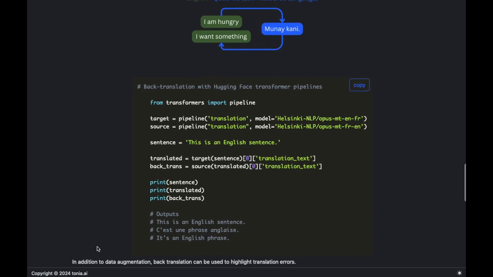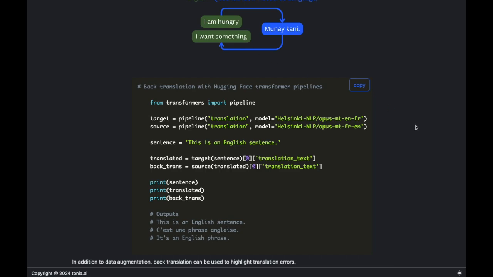In addition to data augmentation, you can use back translation to highlight translation errors. For example, if I take a sentence and translate it using one model and then back translate it using a different model, if I were to get a sentence that is nonsensical, that highlights a potential error in the translation with one or maybe even both of the models.